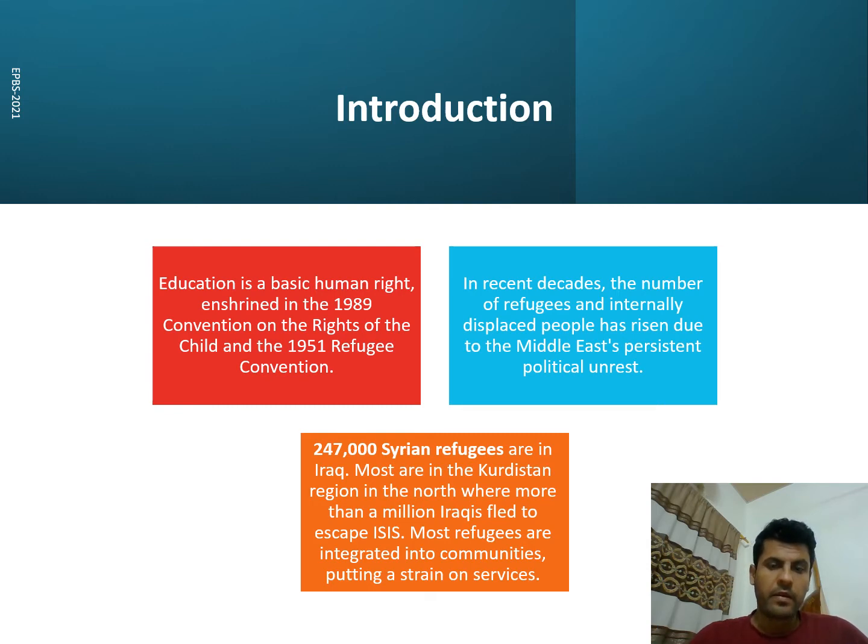So today there are thousands of Syrian refugees, as a neighbor of Iraq, living in Iraq, and mainly in Kurdistan region in the north of Iraq. And it's a paradox that Iraq itself is one of the countries that many people fled from to other countries, but today there are many Syrian refugees living in Iraq.